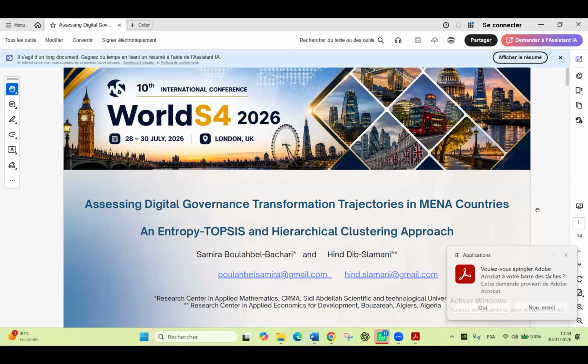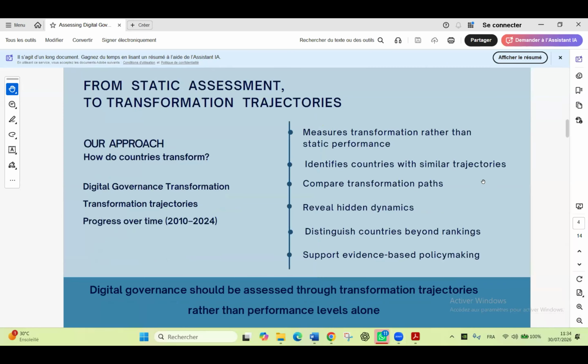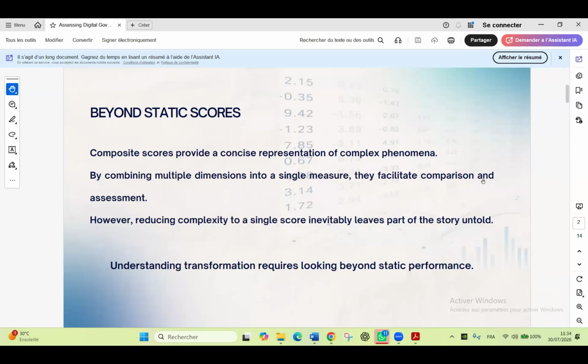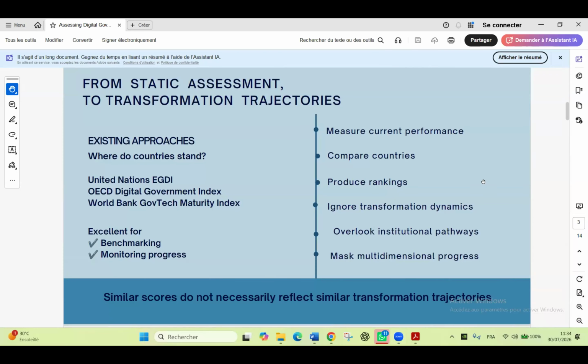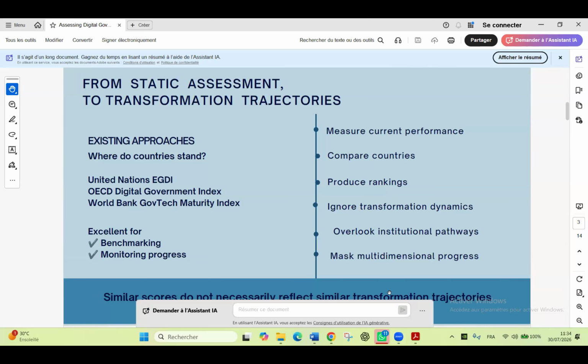But I will share the PDF. You can open your presentation in PowerPoint, like PPT. Your screen is visible now. Yes, we can see the slides. Yes, continue. Sorry. Now I continue. It's okay now. Thank you.